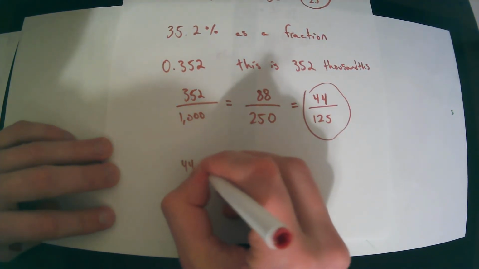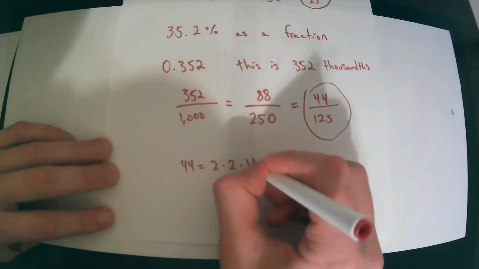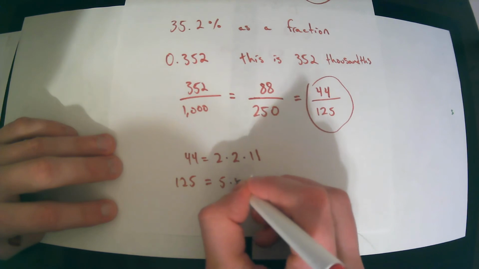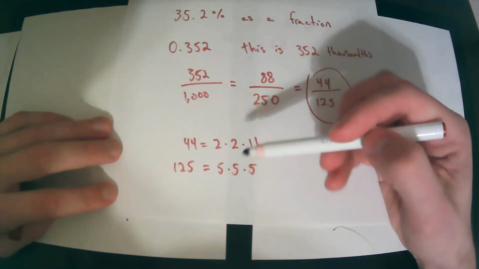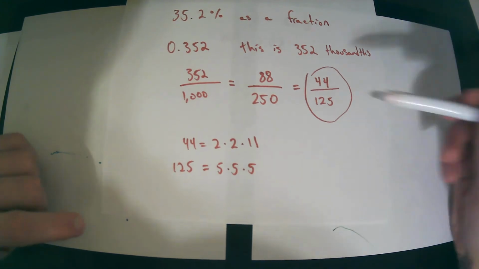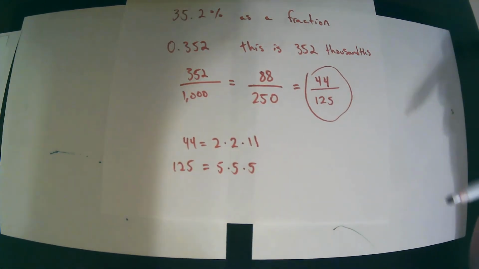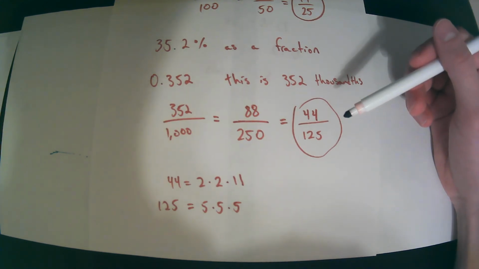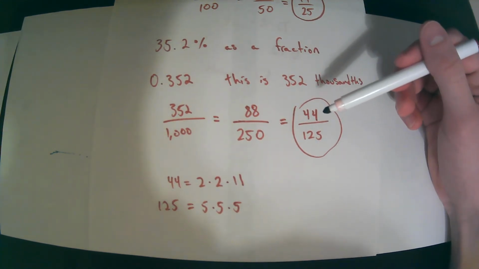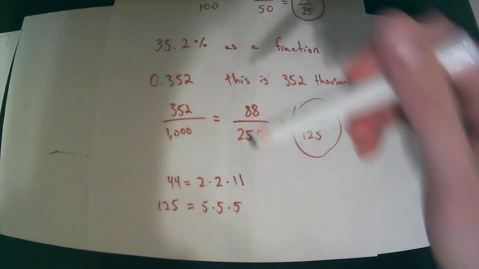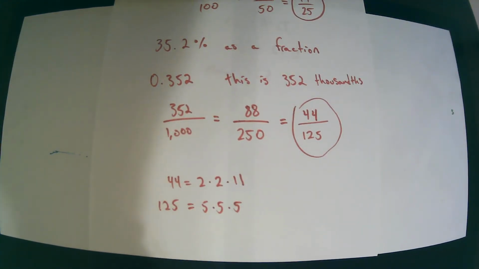So 44 is 2 times 2 times 11, and 125 is 5 times 5 times 5. Clearly there are no common factors here, so it's done. And if you want to be sure this is right, you can always do 44 divided by 125 in the calculator, and you'll get 0.352. Good.